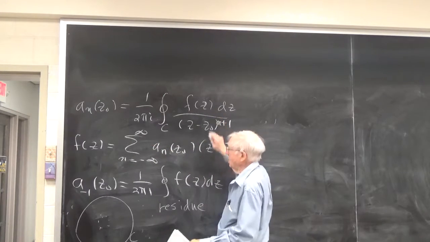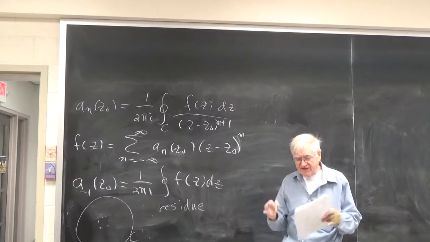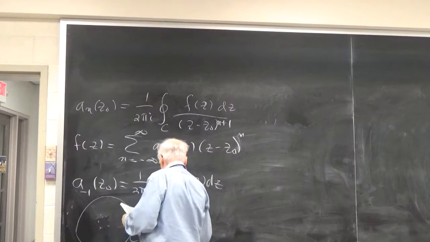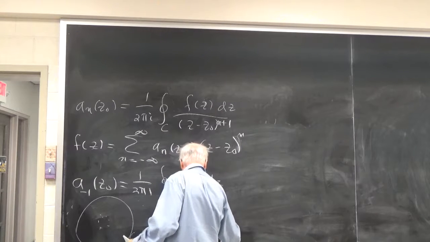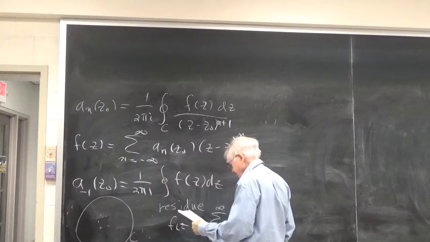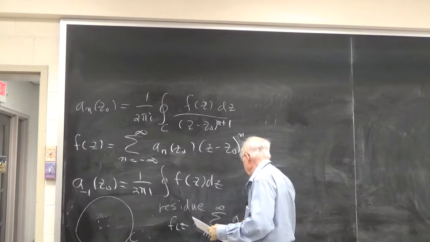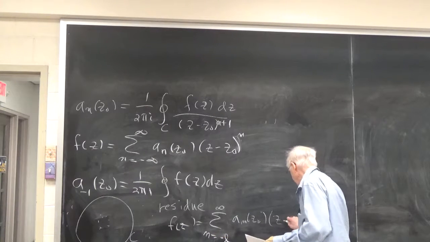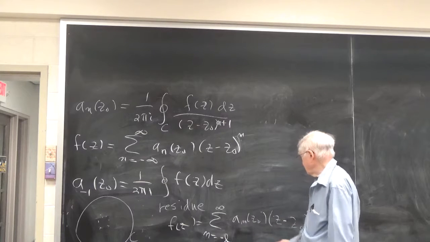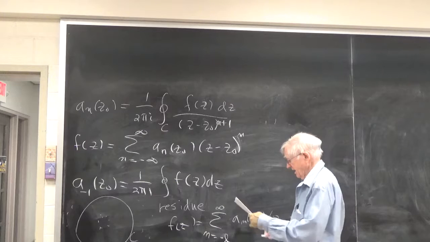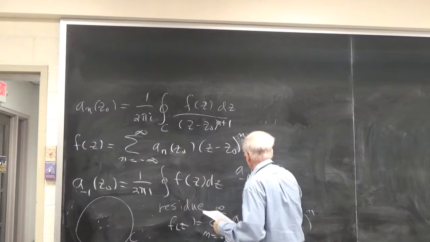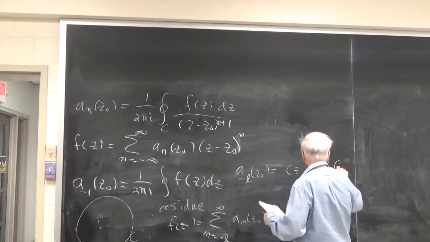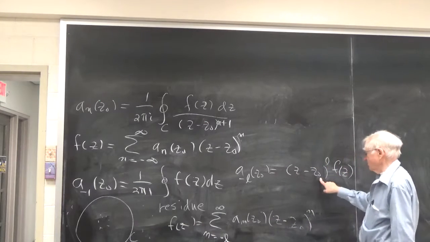You can do this integral, or if you have a nice expression for f of z, you can just say that f of z is the sum from n equals minus L to infinity of a n of z0 times z minus z0 to the n, and then you can pick off a sub minus L as the limit. A sub minus L of z0 is the limit of z minus z0 to the L times f of z, and you let z approach z0.